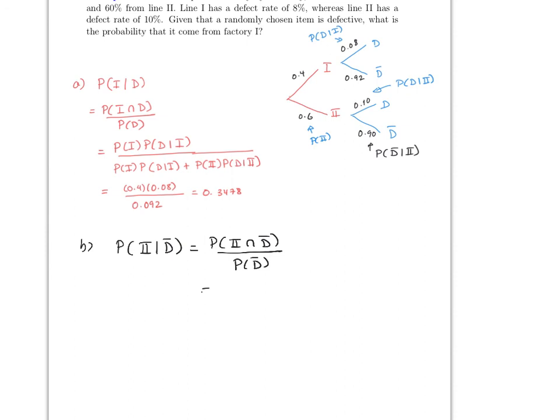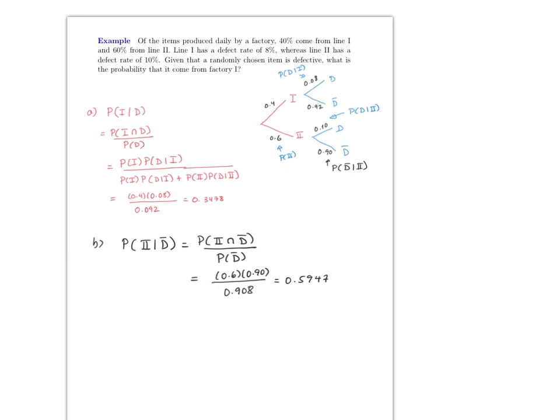Now we already calculated the non-defective last time, and it was 0.908. Then on the top, factory 2 and not defective is going to be 0.6 times 0.90, and the answer will be 0.5947.